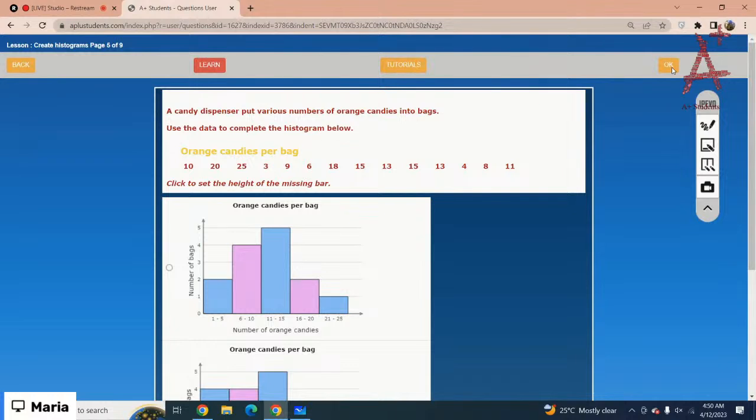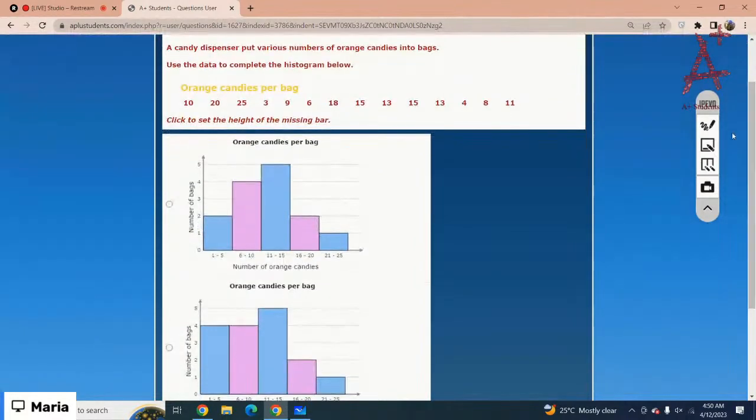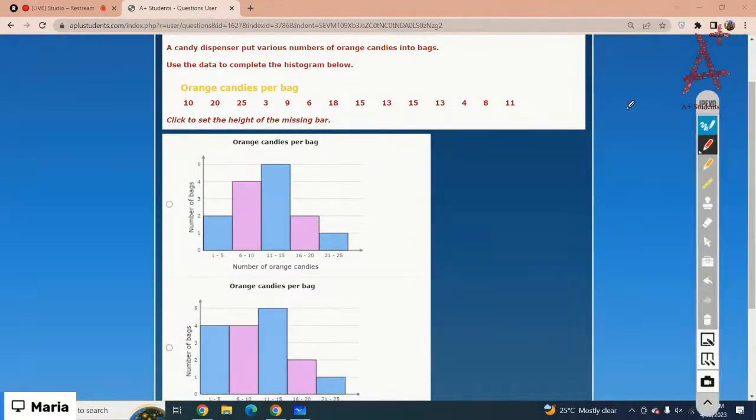A candy dispenser put various numbers of orange candies into bags. Use the data to complete the histogram below. Orange candies per bag. Okay, let's see how many values we have from 1 to 5. 1, 2. Just two values from 1 to 5.